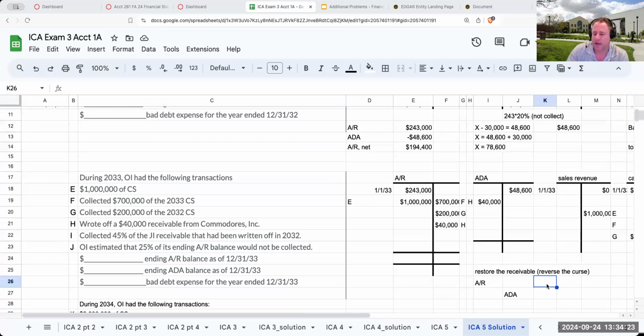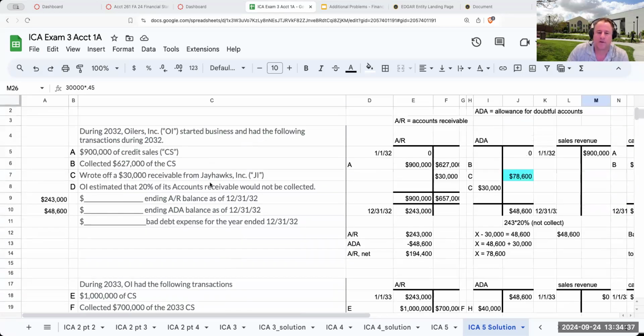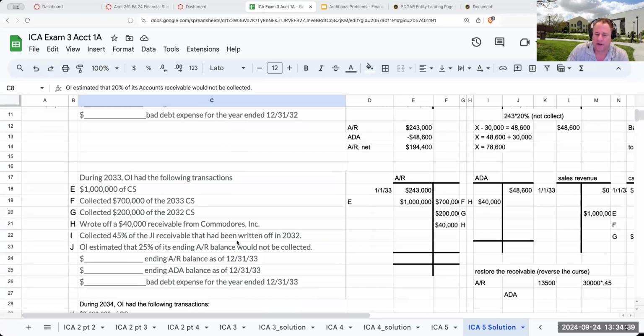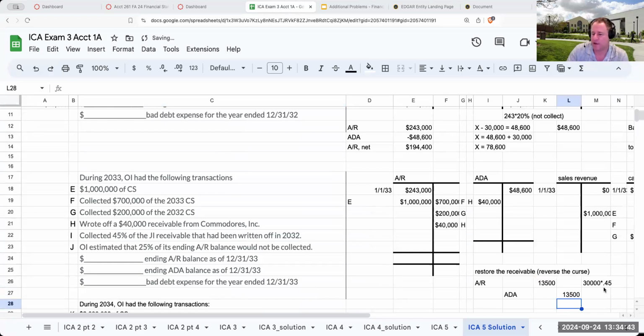So this is going to be 30,000, or what I wrote off times 45%, right? So of the JI receivable, that's right up here, I collected 45% of it. So I credit the allowance for doubtful accounts.